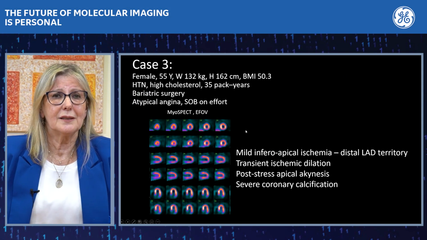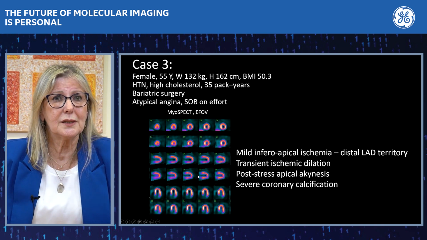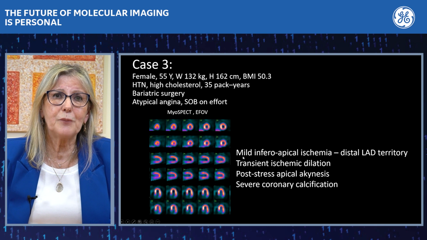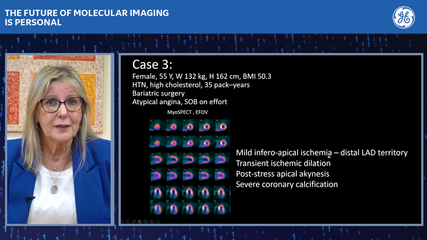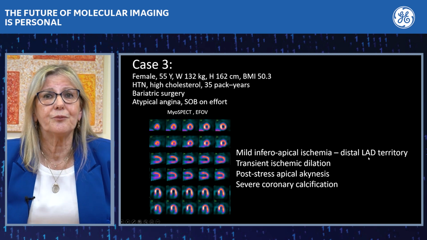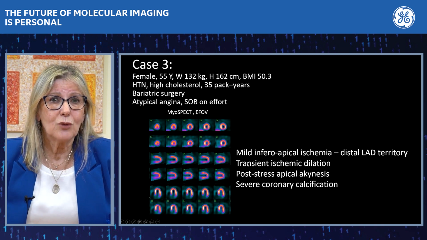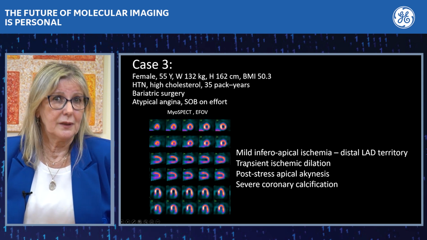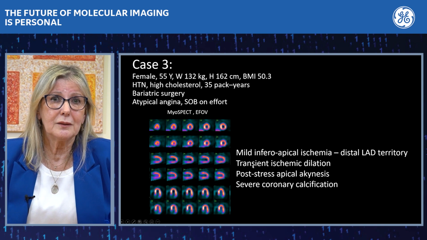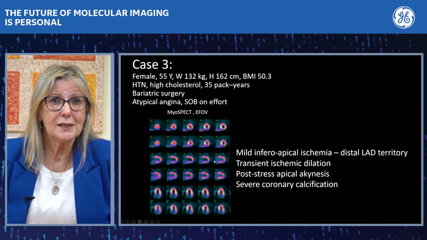So if we summarize this case, based on the myospect images, we can say this patient has mild infero-apical ischemia consistent with distal LAD stenosis. She also had transient ischemic dilatation, suggesting that the coronary disease might be more extensive than shown in the perfusion images.